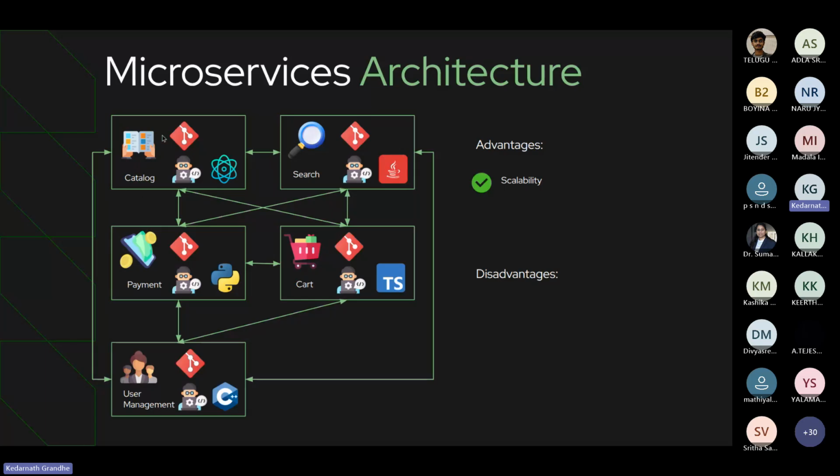Catalog can have 10 replicas, let's say, and user management can have only 2 replicas maybe, depending on the load, right? That's why scalability becomes easier. You only scale the service which you need to. Fault isolation, as I said, if there is faulty code in one service, it does not impact other services. Your application as a whole is still running. Diversity, in the sense that you can have multiple people and multiple technologies, and you can leverage the benefits of each of them, and flexibility.